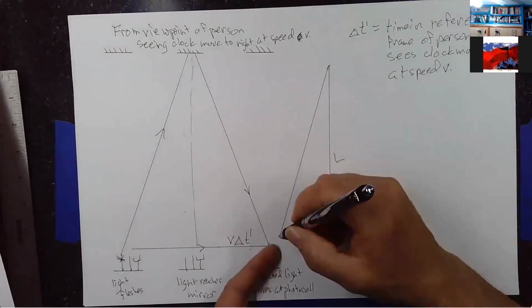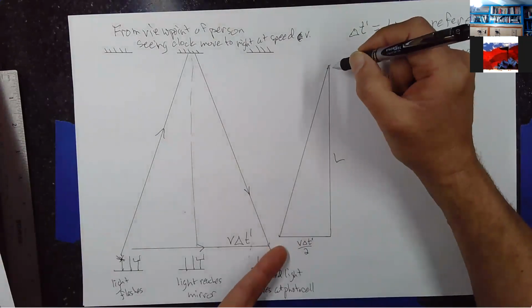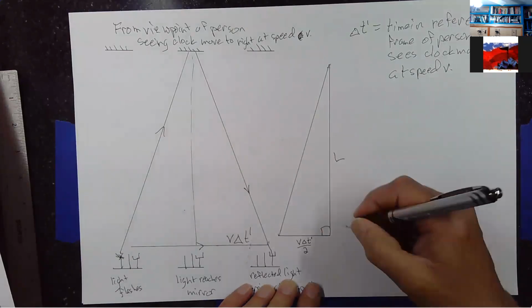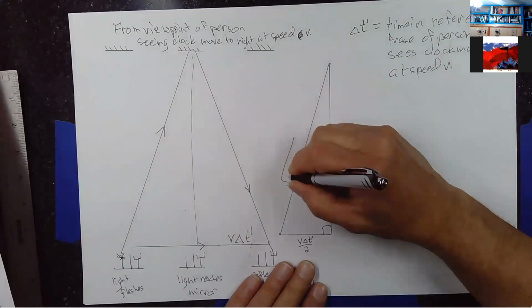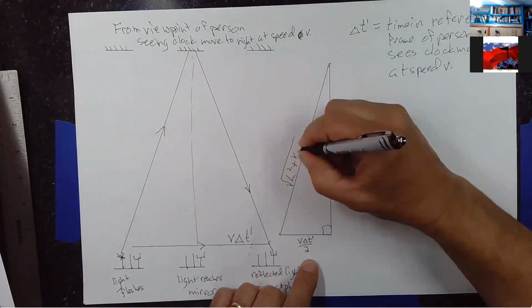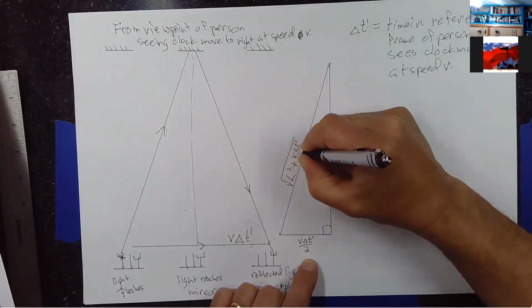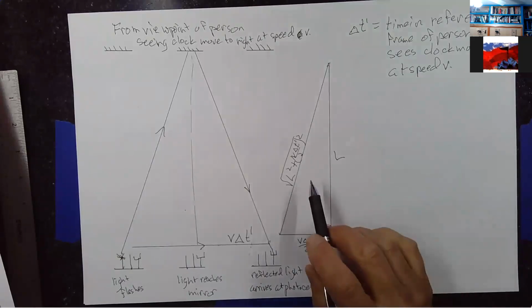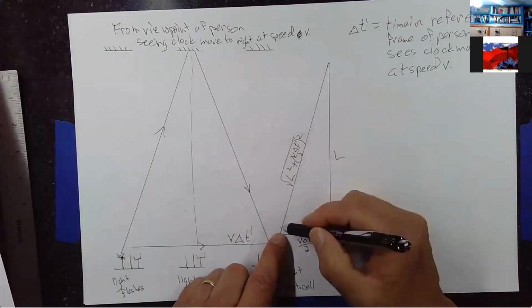And then this up here is the distance that this person who sees the clock as a moving object has to travel. Well, there's going to be a right triangle. This will be the square root of L squared plus v delta t prime over 2 squared. Now, the total distance that they see this thing traveling is going to be twice this.